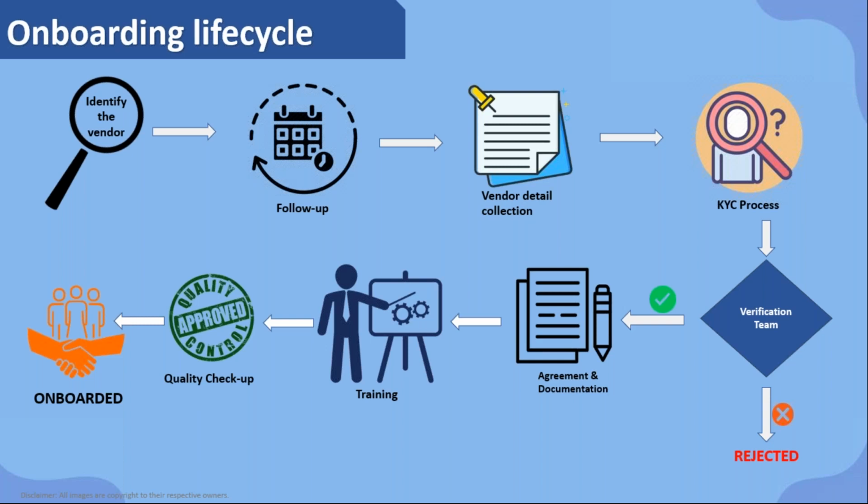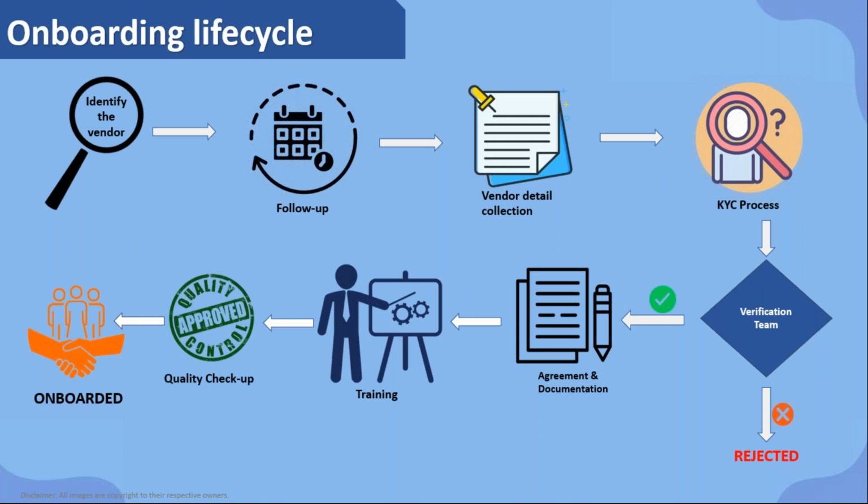As per the next step, you'll have an agreement, documentation or contract with this particular vendor. Terms and conditions will be there, and they'll have training so that they deliver the same set of services, and you'll check the quality of that vendor on parameters, and then lastly they will be onboarded for you.